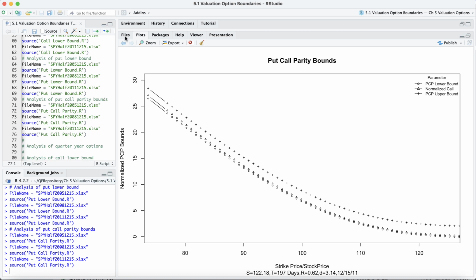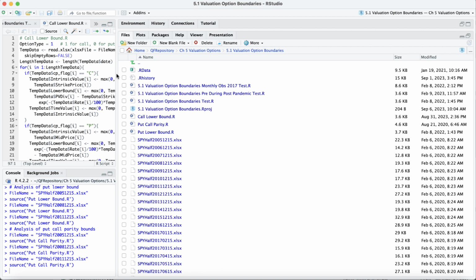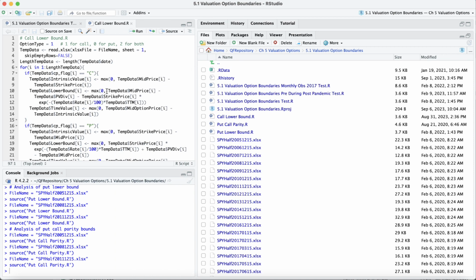If we take a quick look at the different files, the call lower bound simply processes the data, reads the data in from the file. It focuses on call options or put options. In this particular case, it will be calls only, and the intrinsic value is simply the mid price minus the strike.